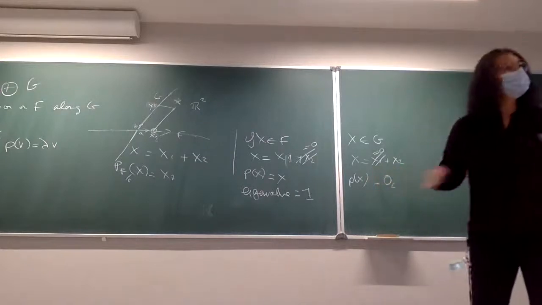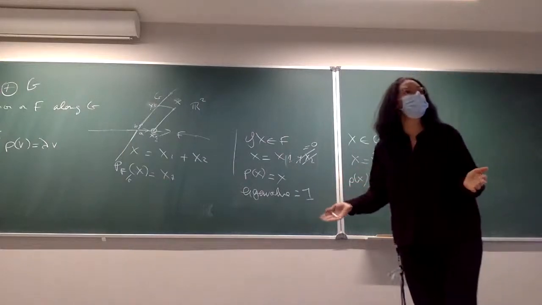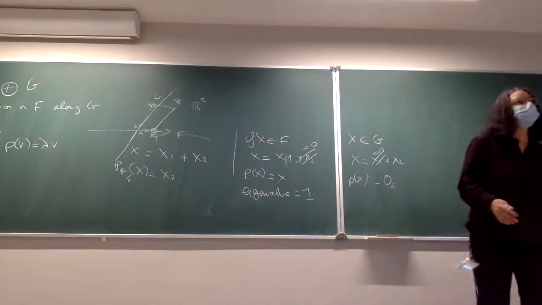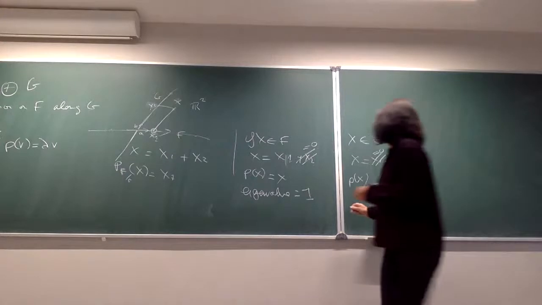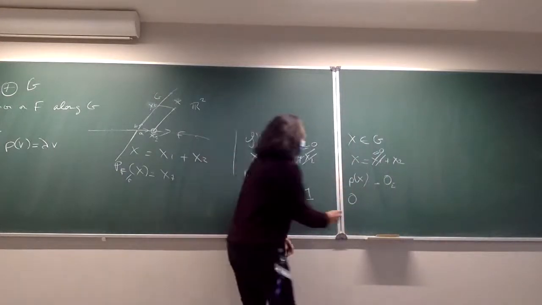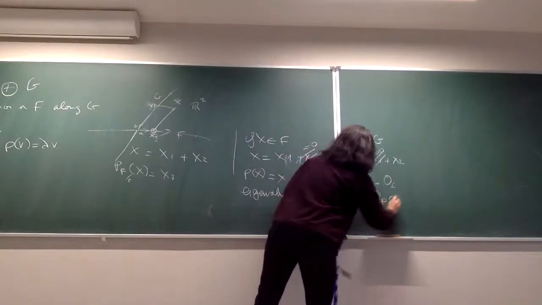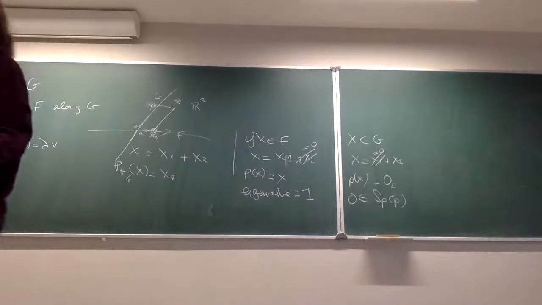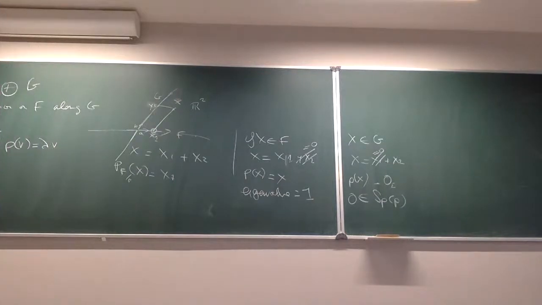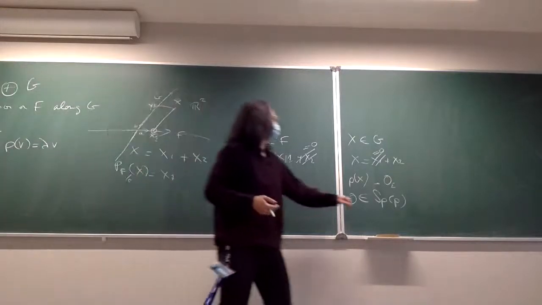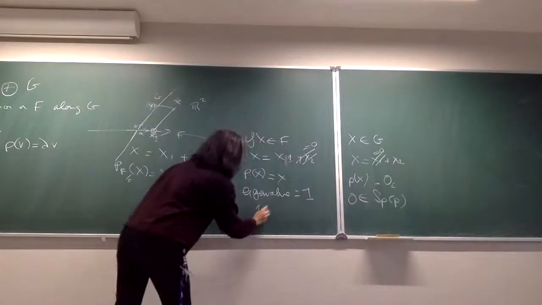Any real value, if you work in real, any complex value, if you work in complex, can be an eigenvalue. So the real number 0 belongs to the spectrum. That's another way to say that: 0 is an eigenvalue of P, it means it belongs to the spectrum. That's equivalent. The spectrum is the set of all eigenvalues. So that's one way to say that some value is an eigenvalue. So we had one.